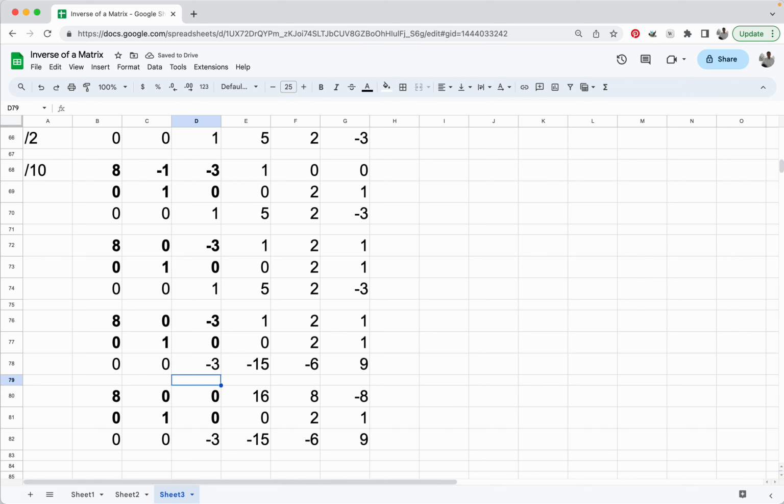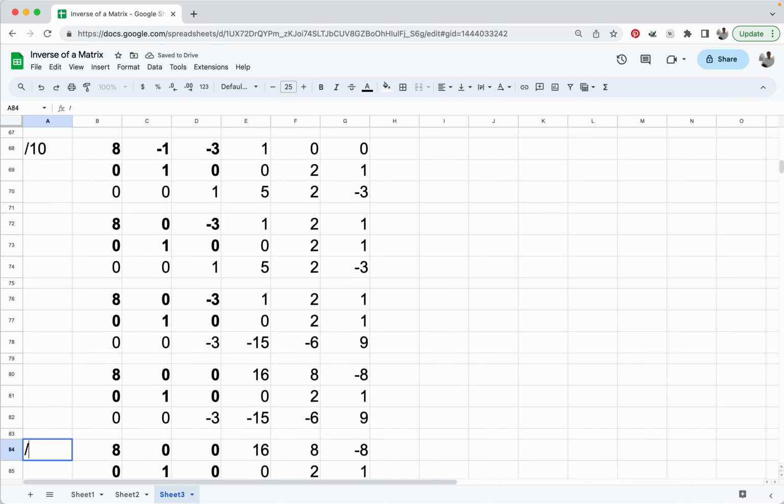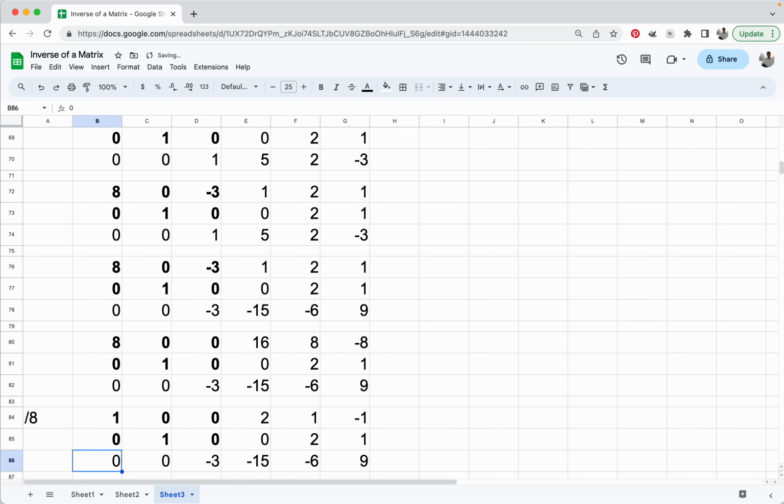now I divide row 1 by 8 and row 3 by minus 3. Divided by 8, this will become 1, this will become 2, this will become 1, this will become minus 1. Divide by minus 3, this will become 1, 5, 2, minus 3.